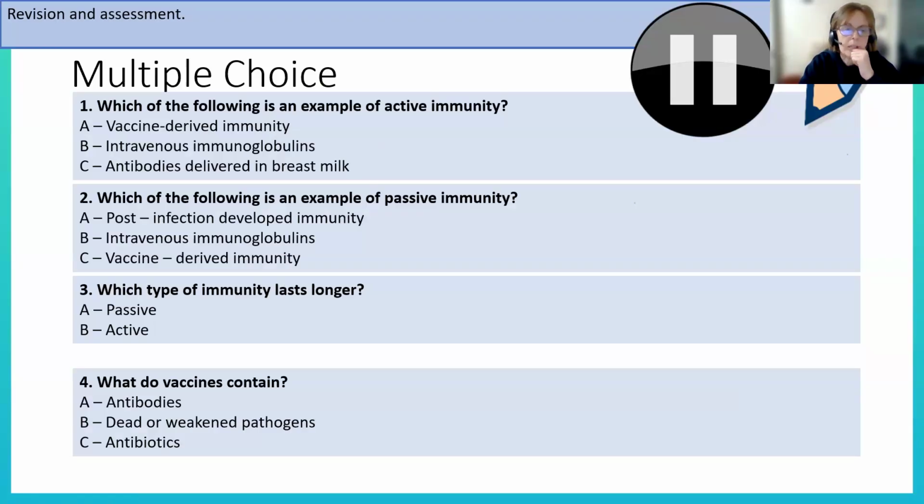Perhaps the first two are a little bit tricky. Okay, a couple of answers up. I will pop the answers up for you.